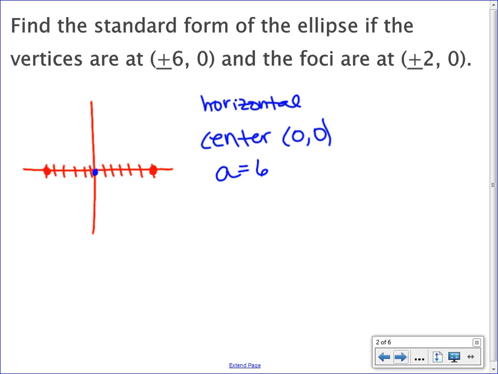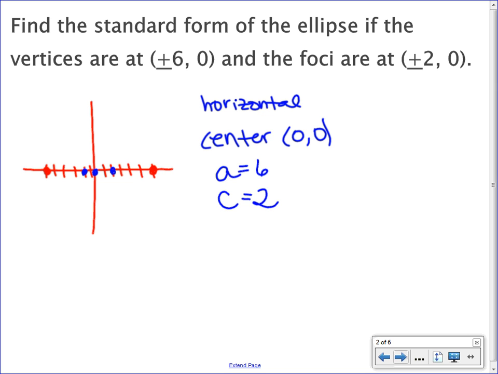Now I'm going to plot my foci, sorry. There are my foci, and what does that give us? C is 2.